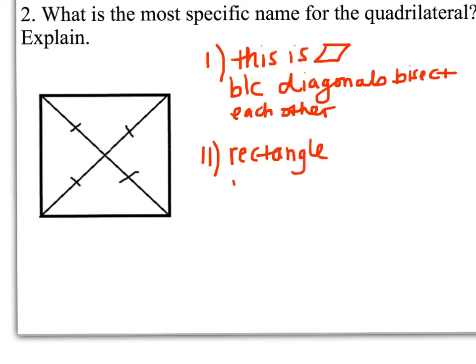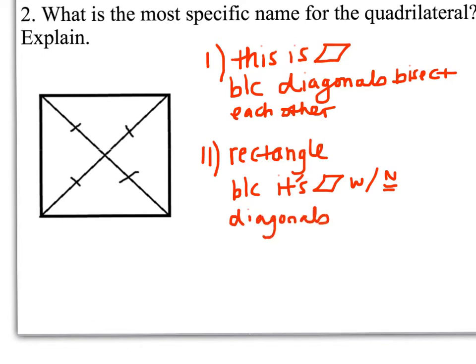Okay, this is a rectangle because it's a parallelogram with congruent diagonals. And this is as specific as we can get. We can go through the other types of parallelograms.